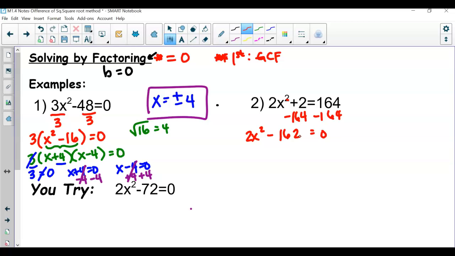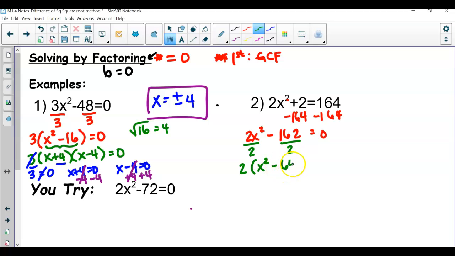Now, do we have a common factor? Yes. I can divide both of these by 2. When we take out our GCF here, our greatest common factor of 2, we're left with x squared, right? Because 2 divided by 2 is 1.